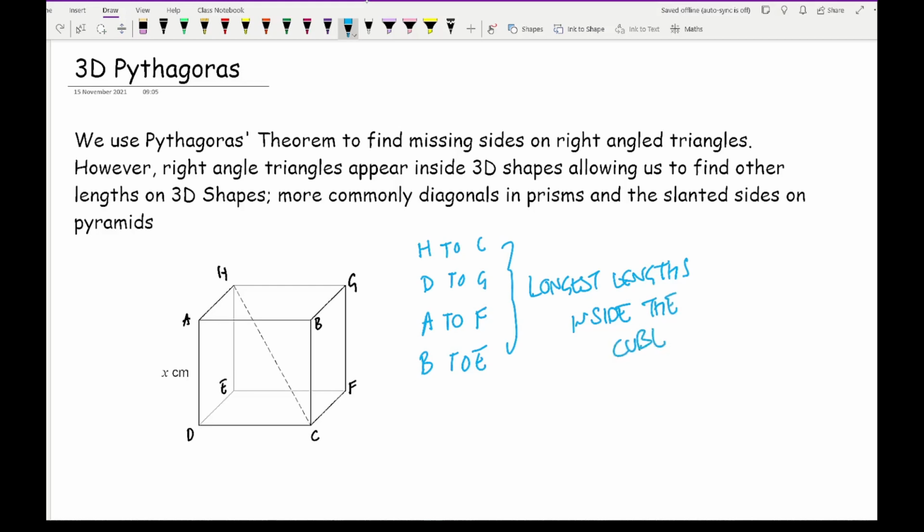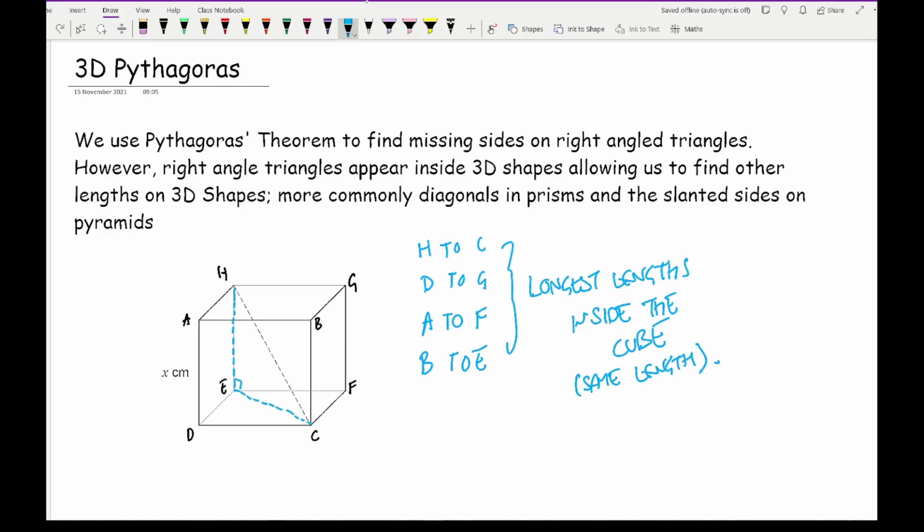Now you may be thinking, well, where do we see this right angle triangle? Well, hopefully we all agree that each of these four lengths are going to be exactly the same because they're just going from one opposite end of this cube. So what you need to spot is that this here is going to be a right angle triangle.